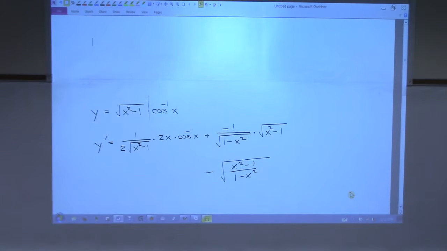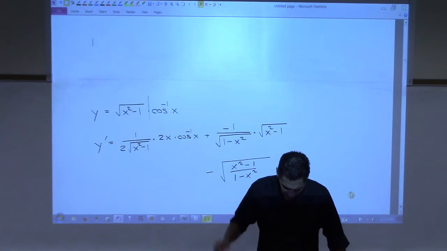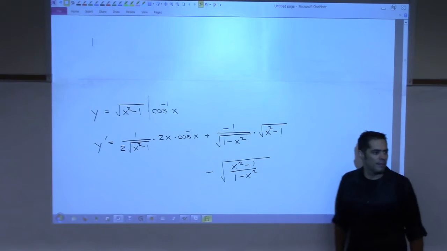I'm not sure where you're talking about. Arc cosine x minus 1 over root. That's fine. I didn't see the negative. I think in the formula they put it out front, right? I put it on the top.